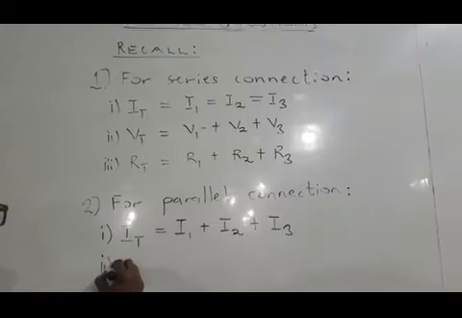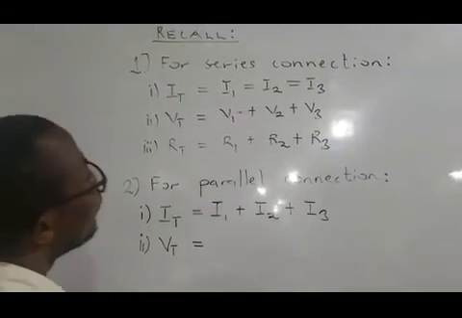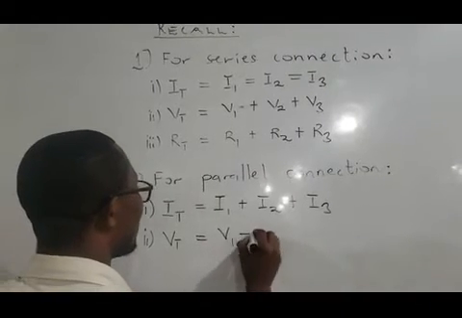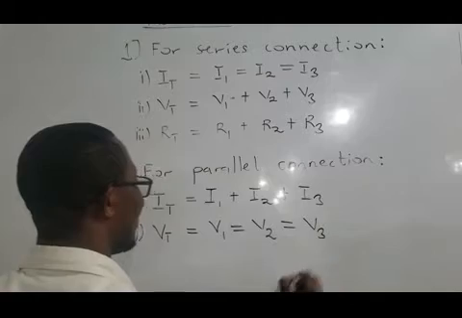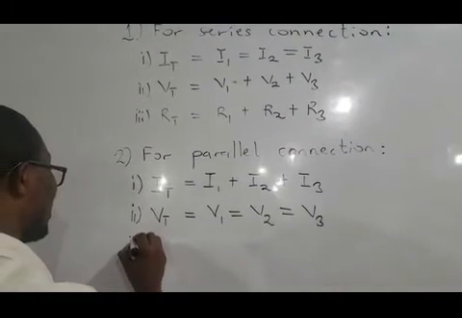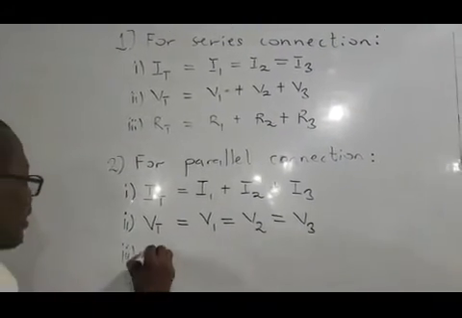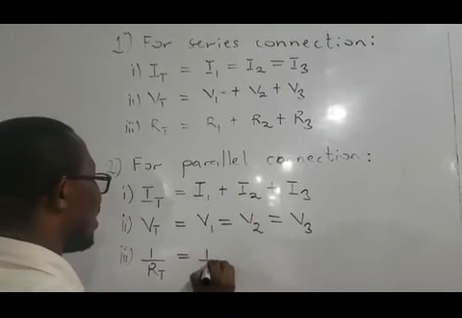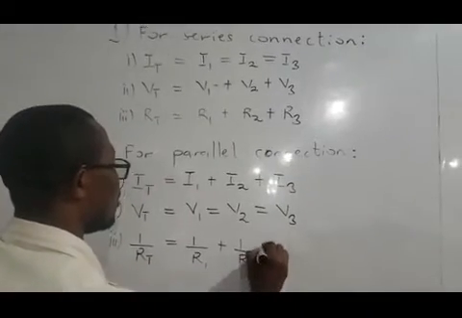And then the total voltage is the same as the voltage across each resistor. So VT equals V1 equals V2 equals V3. And then lastly, we said that the total resistance for parallel connection is determined as 1 over RT equals 1 over R1 plus 1 over R2 plus 1 over R3.